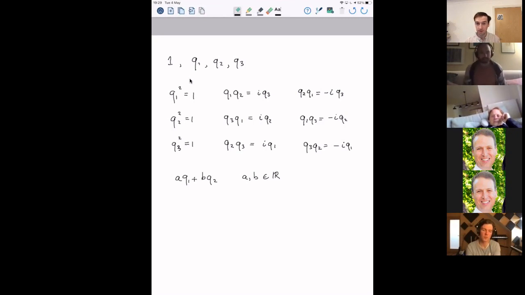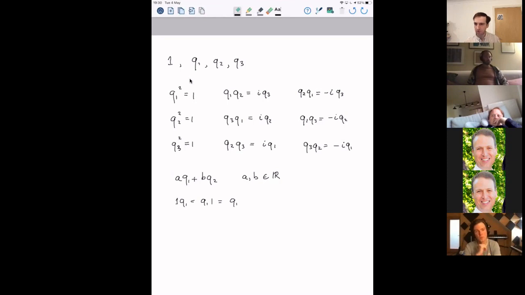Also, as I just said, there's this number 1, and for all practical purposes in this talk, it is equivalent to just the number 1. So multiplying 1 with anything else is equal to that thing. So 1 times Q1 is equal to Q1 times 1 is equal to Q1. There's nothing special that happens here. The same is true for any other Q number.